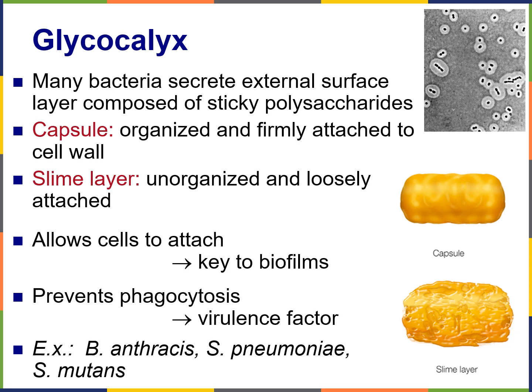Well, first of all, what is a biofilm? An example of a biofilm is pond scum. If you've ever seen a pond and there's this layer lying on top, that we typically call pond scum, that is a biofilm. A biofilm typically starts off as one single cell that has a glycocalyx. And because the glycocalyx is sticky, it's able to bind to neighboring bacteria cells.